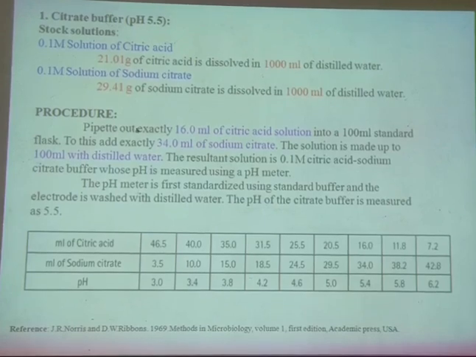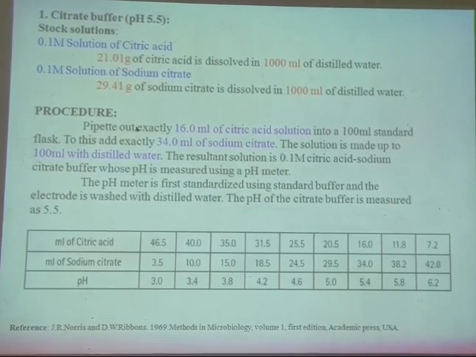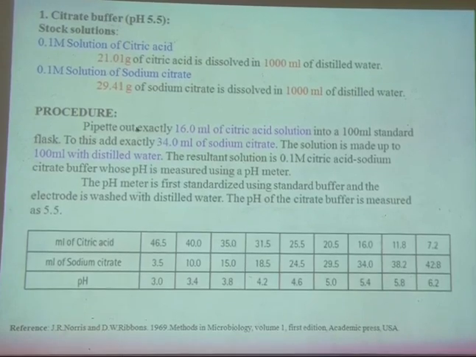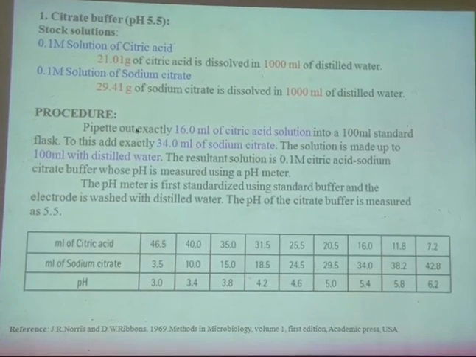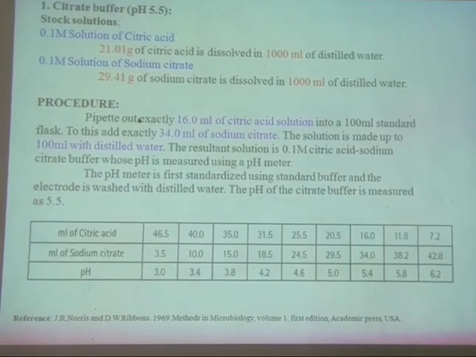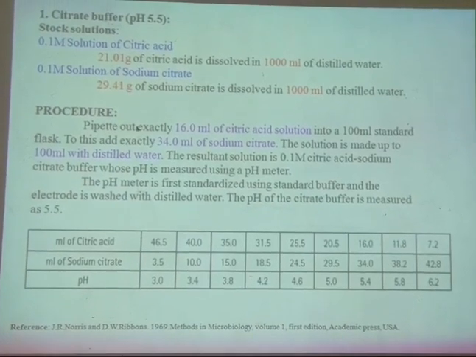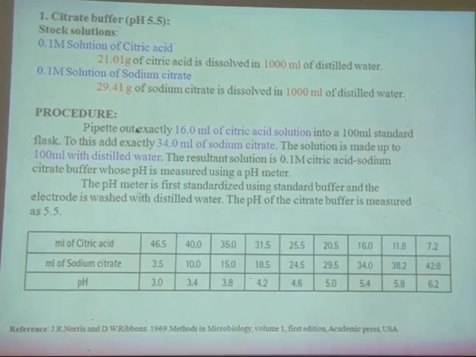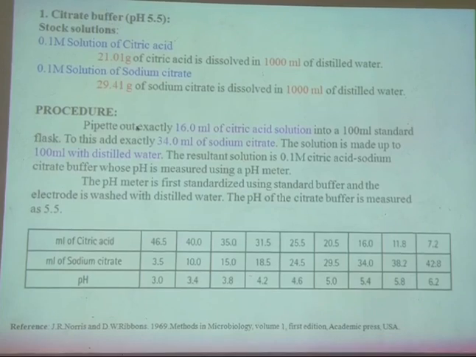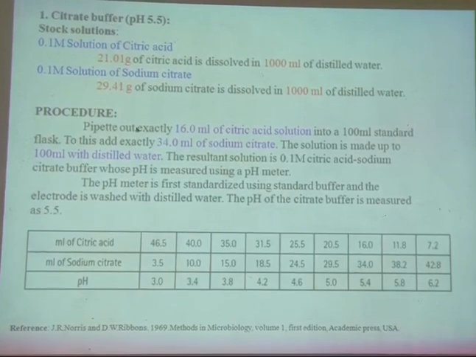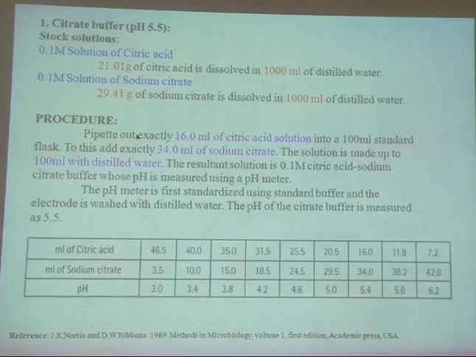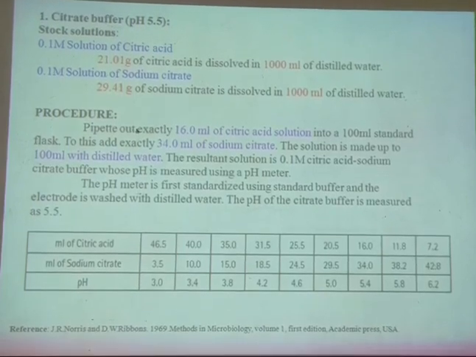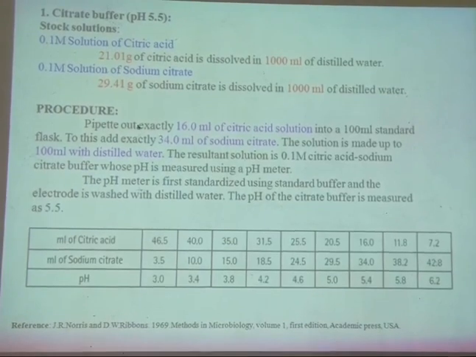For the citrate buffer, first you have to make stock solution A and stock solution B. Stock solution A is 0.1 molar citric acid; see the molecular weight of citric acid and convert it into 0.1 molar for 1 liter. You can vary the volume according to what you need. Then stock solution B is 0.1 molar sodium citrate, its conjugate base; 29.41 grams of sodium citrate can be taken and dissolved in 1 liter.